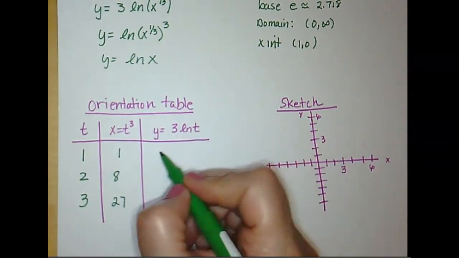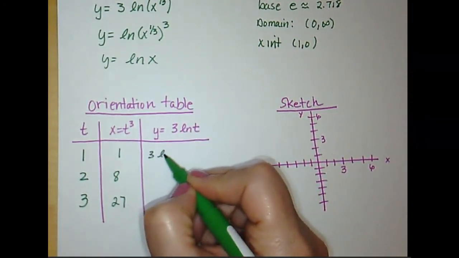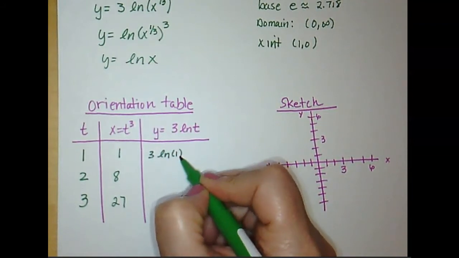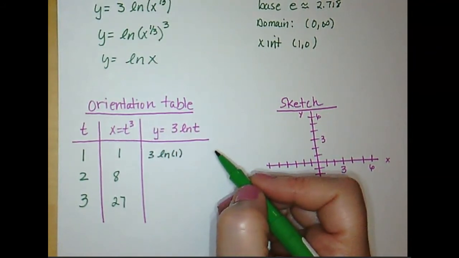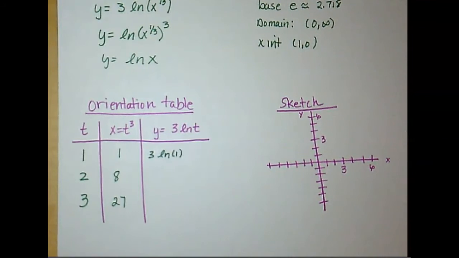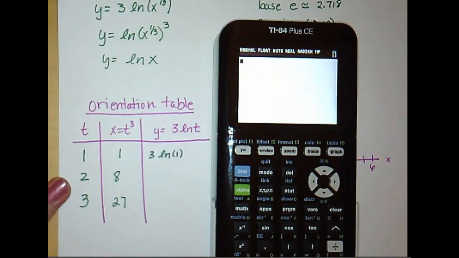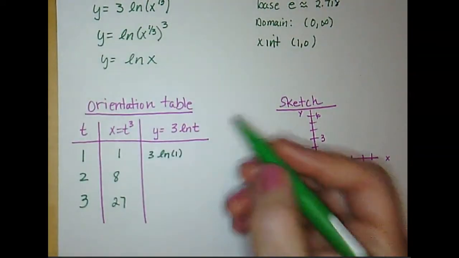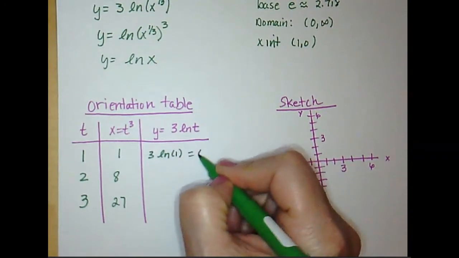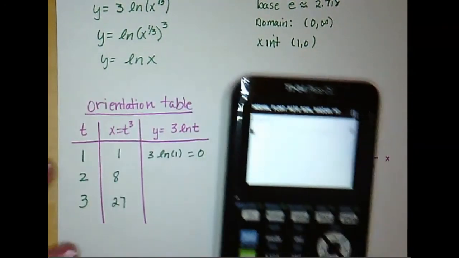So remember, I'm doing 3 times the natural log of 1. In our home screen, if you need to check this, you could do natural log of 1, but hopefully you remember that that's 0. So technically this is 0 times 3, which is 0. That's one we worked with in Algebra 2.